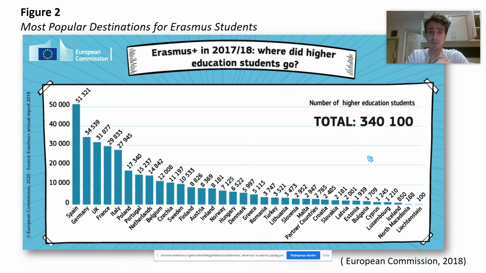At first sight, Spain stands out among others with its high rate of students. It attracts approximately 15% of all Erasmus students by itself. The most popular four destinations after Spain are Germany, UK, France, and Italy.